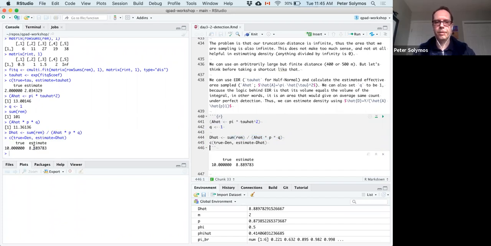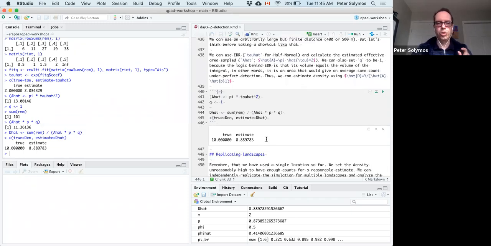We had 8.4 something, as I recall. Now it's 8.8. So a bit closer to the truth, but it's still off a bit. So these are the two ways someone can adjust for the Q, the detection process related bias, under a truncated distance count and then an unlimited distance count.